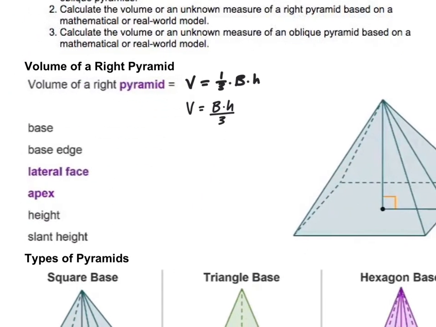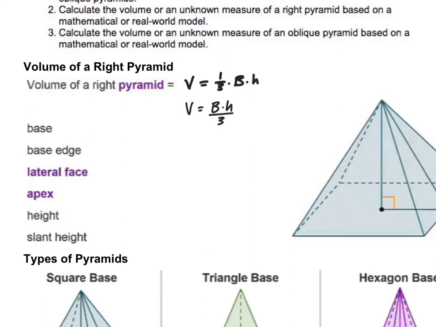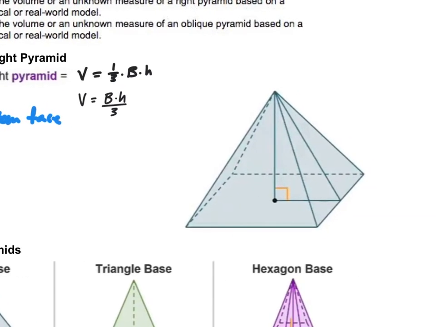The first thing I want to talk about is the base of your pyramid. The base is your bottom face, your bottom surface. I'll put bottom face. If I come in here, this whole area, what's enclosed in this shape, is your base.